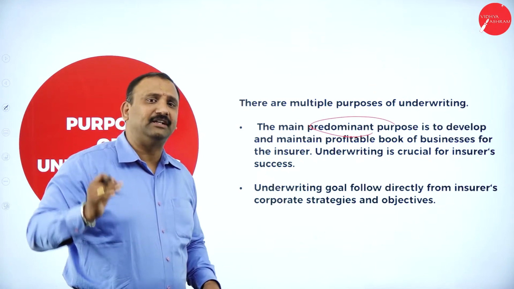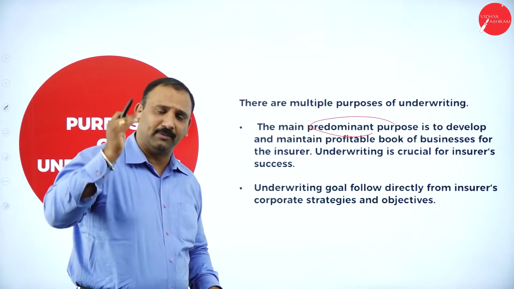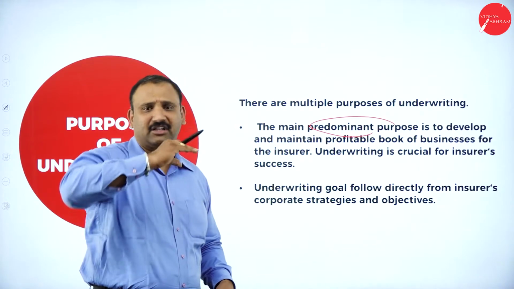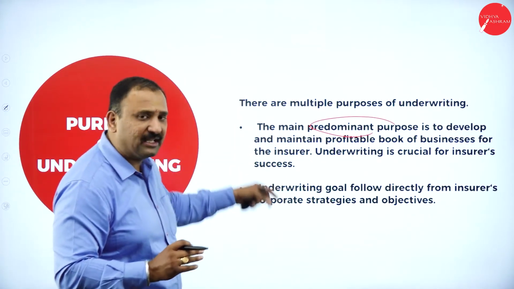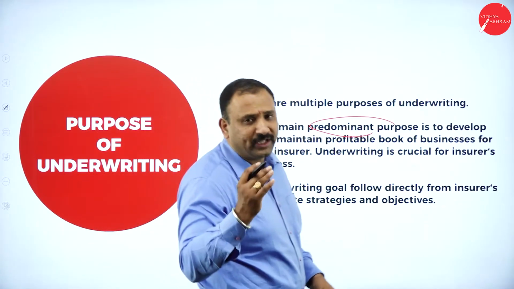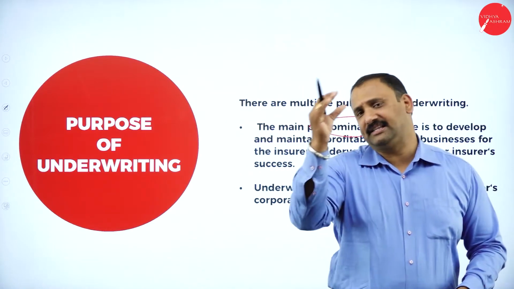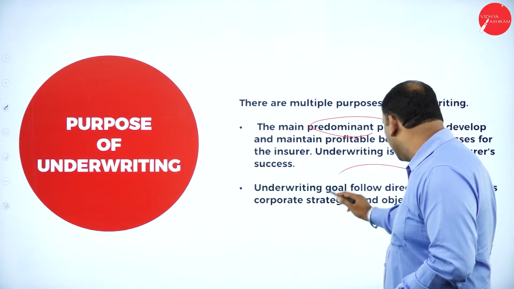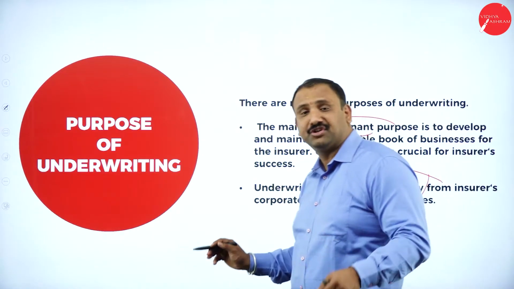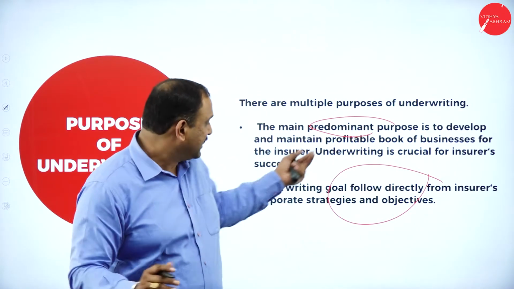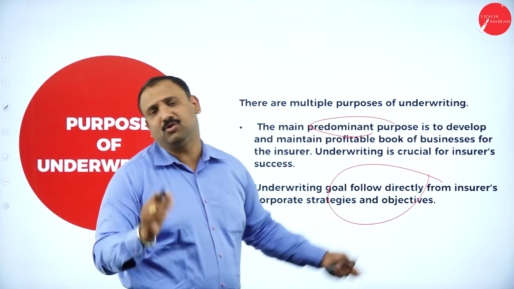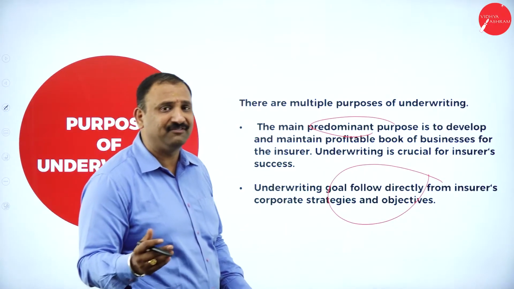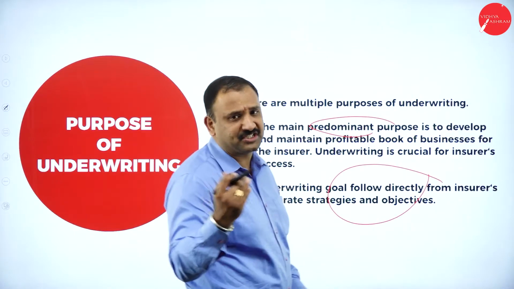So the underwriters will work on claims, percentages, commission, risk factors, all those things, and they will give a broad scenario to the insurance company stating that this is what we need to do, followed by the underwriting goal, which will follow directly from the insurer's corporate strategies and objectives. Most insurance companies will also have their corporate ideas, visions and strategy.